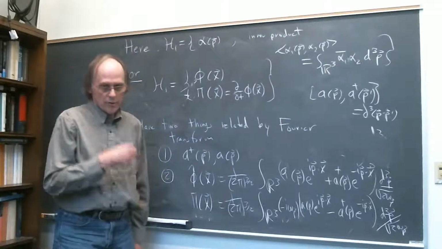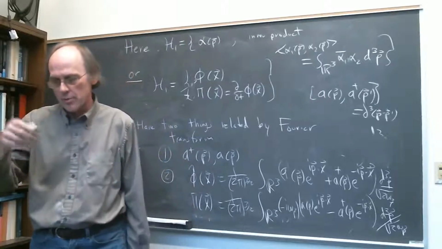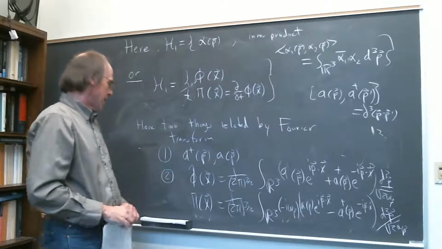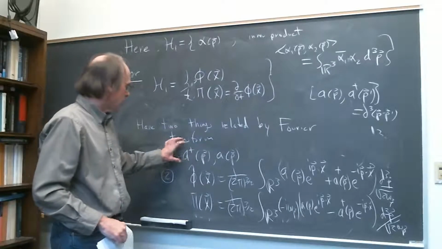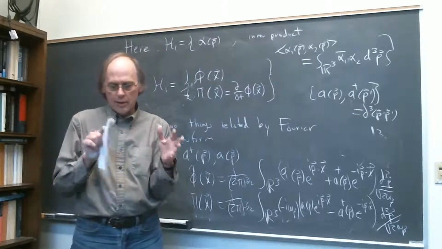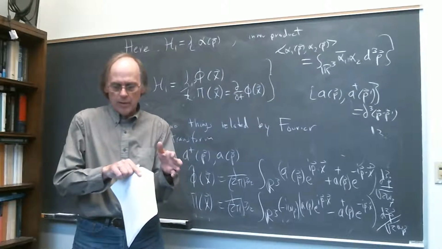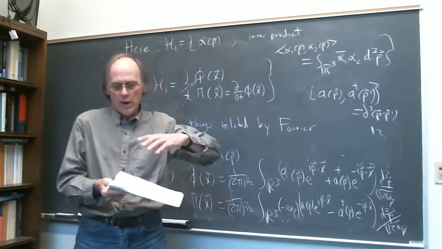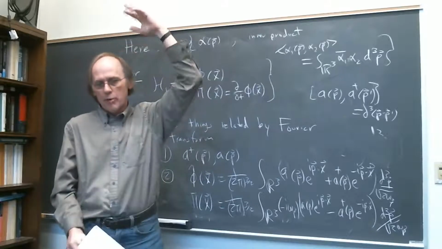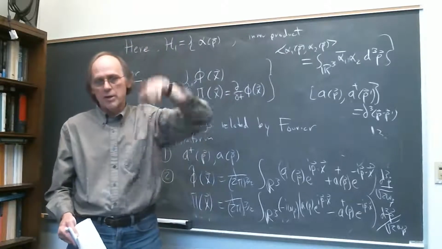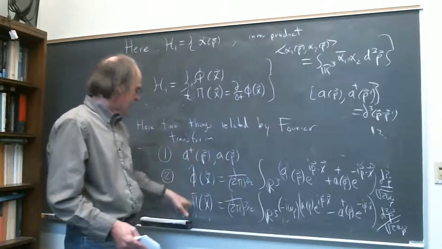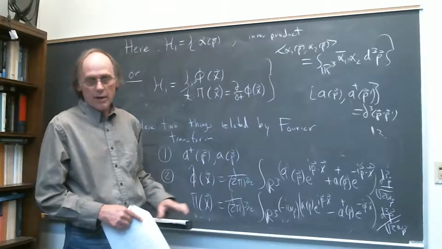What I was trying to do when I was writing a lot of this was to write these things down in a way that you could then go back and look at how you would do things for a harmonic oscillator with an arbitrary number of degrees of freedom, and then just do exactly the same things here.